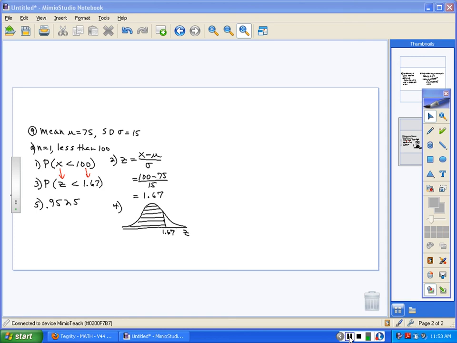Okay, part B. Part B says, if a subject is randomly selected and tested, find the, so it's a subject again. I'm going to emphasize that n is 1. Find the probability that his score will be greater than 95.